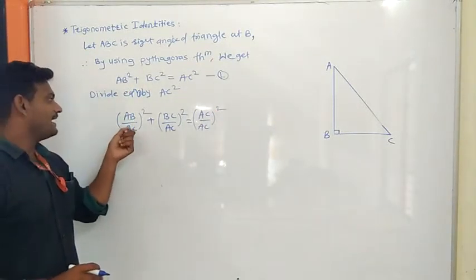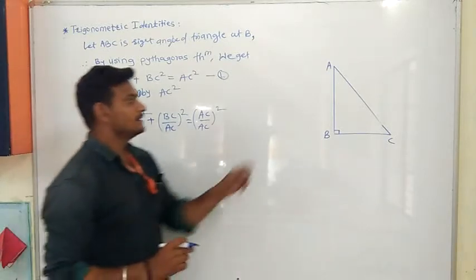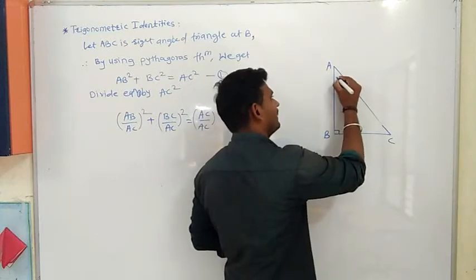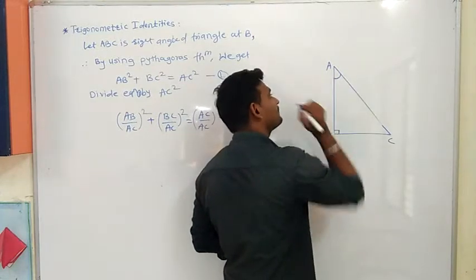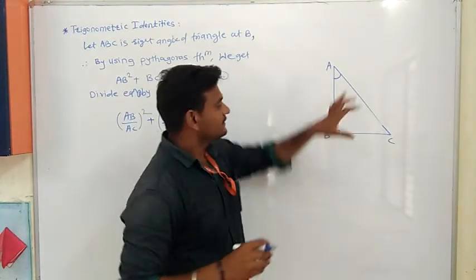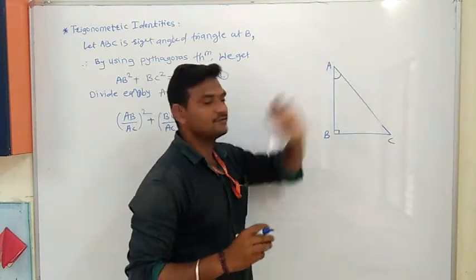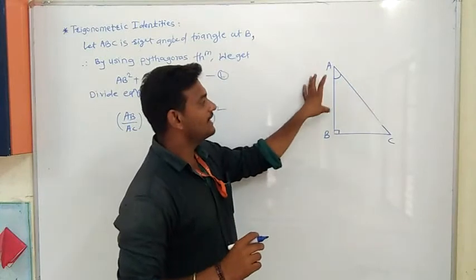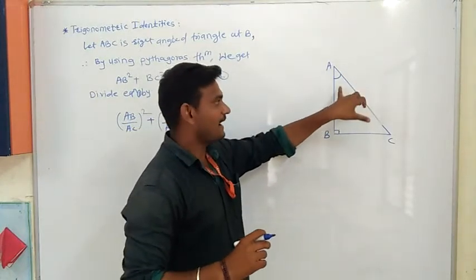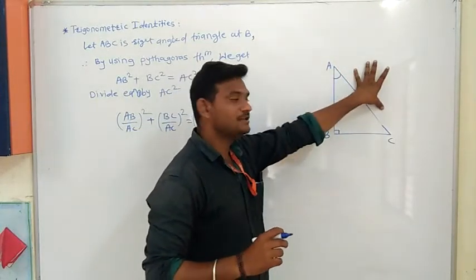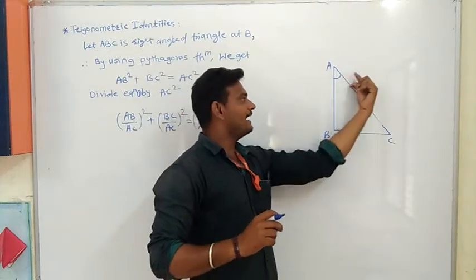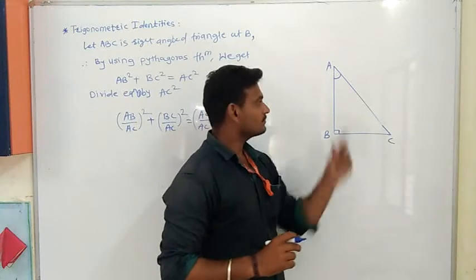Now see here, AB by AC. From this triangle, I will consider angle A. With respect to angle A, which ratio is AB by AC? Here AB is adjacent to the angle A and AC is the hypotenuse.